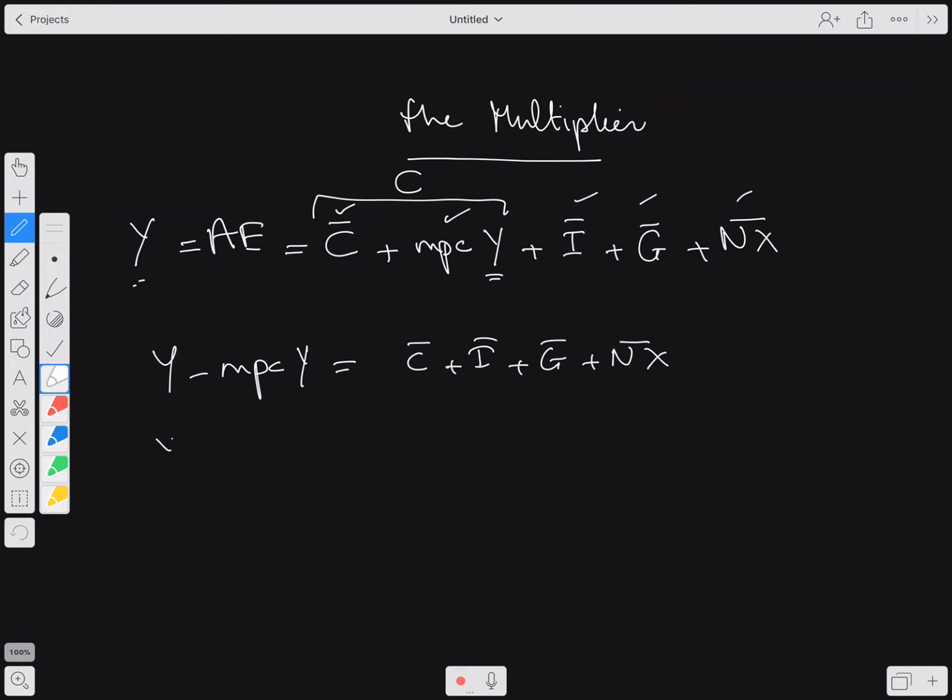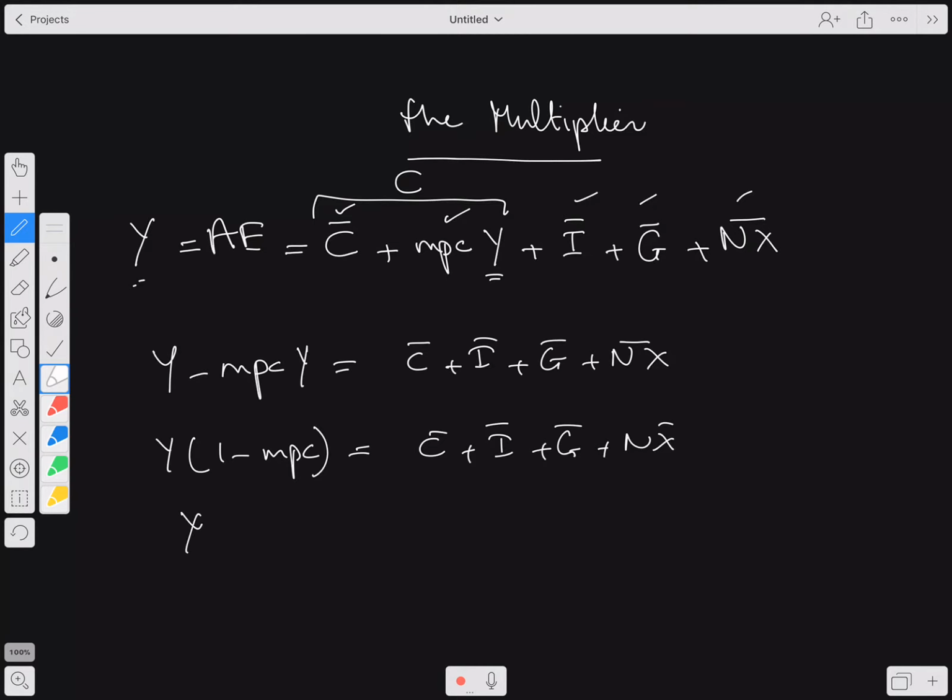And if you take y as a common factor, then 1 minus MPC, which is basically MPS, is equal to C plus I plus G plus net exports.